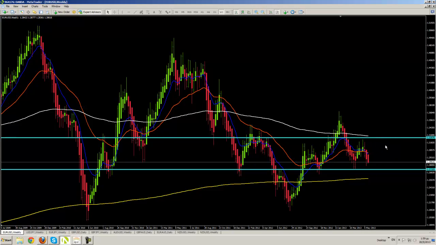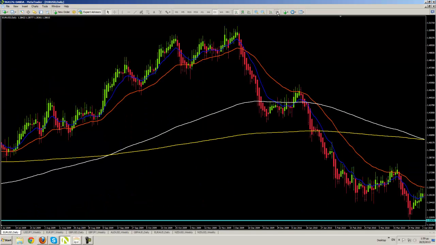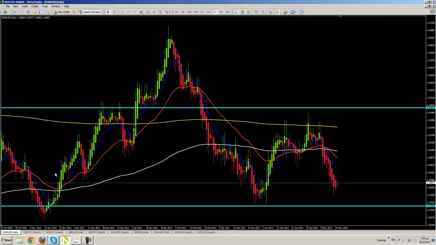Now let me switch to the daily chart. You can see we have a nicer picture there, and the price did bounce again on the 633. Since then it's really moving down, and we could draw our lines here on the daily chart.